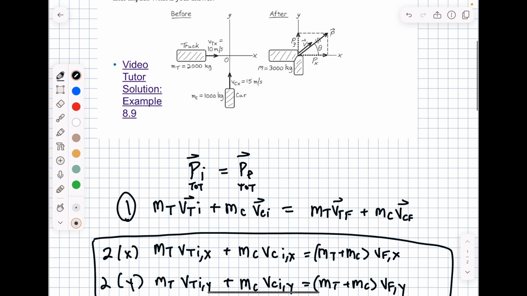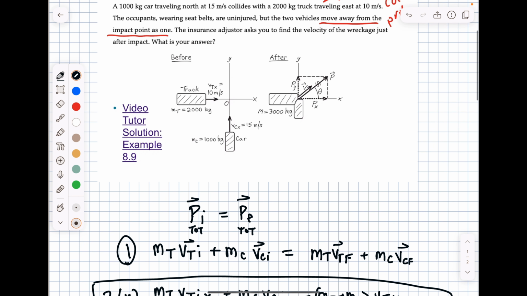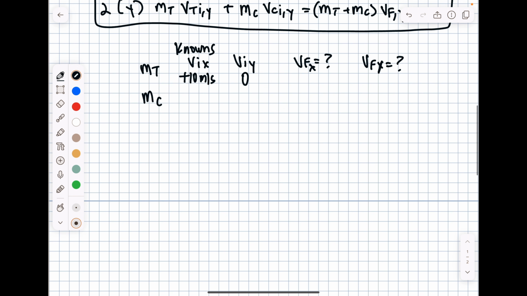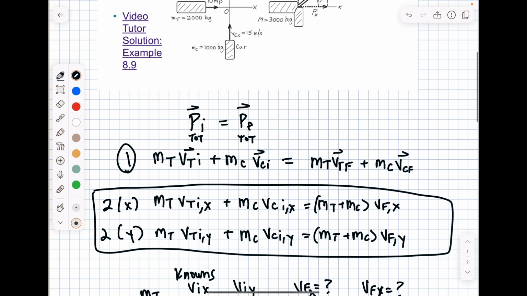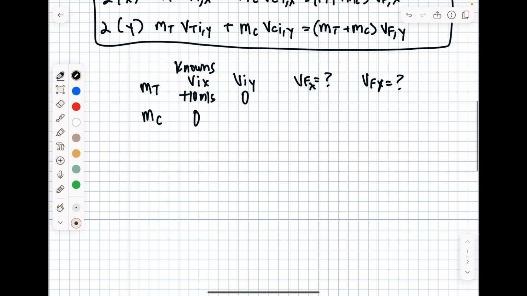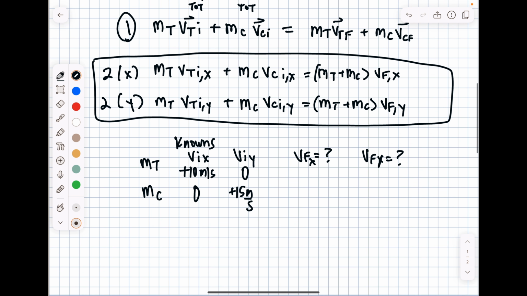What about the car? The car is moving north, so it has a positive y component in the velocity, no x. 15. Right? And then their final is going to have some x and some y component, which is what we're looking for. So now we can plug these values in here, right?